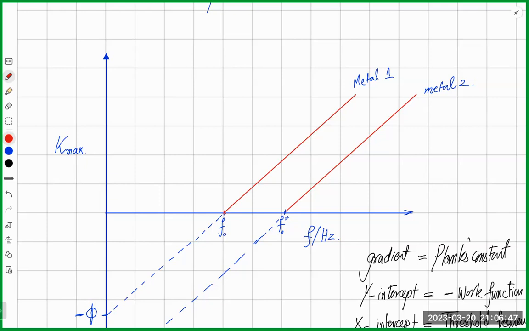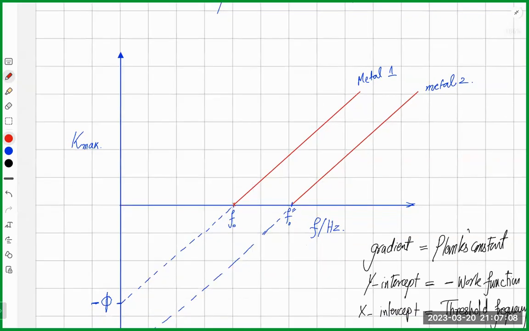When we provide that frequency, electrons come out with zero kinetic energy, and if we increase the frequency beyond threshold frequency, electrons start to come out with a range of kinetic energy. On the y-axis, we don't have the kinetic energy of the electrons, we have the maximum possible kinetic energy.